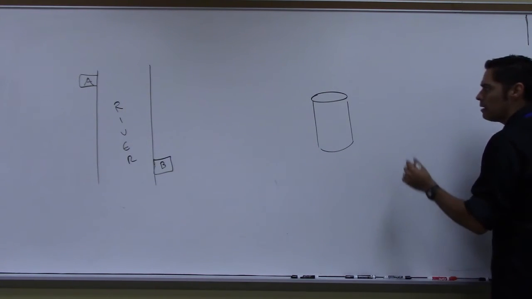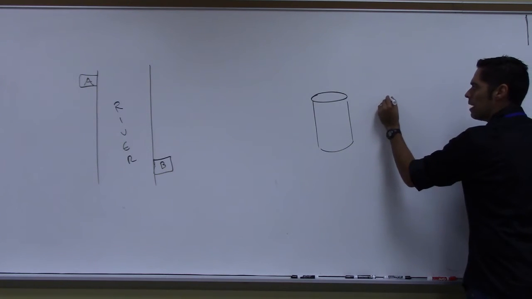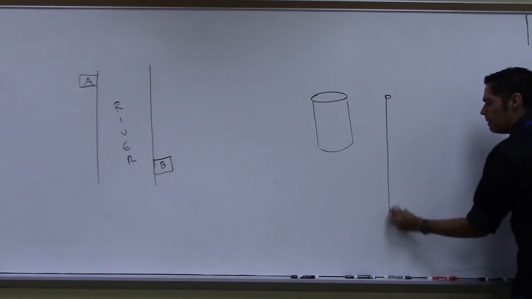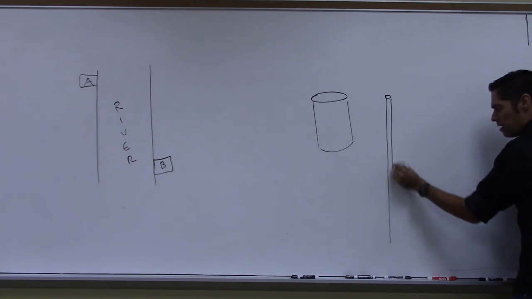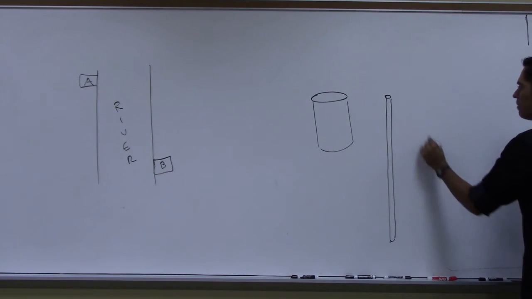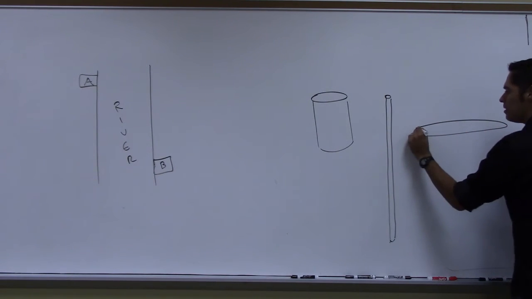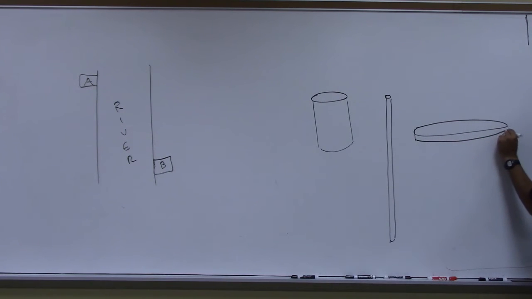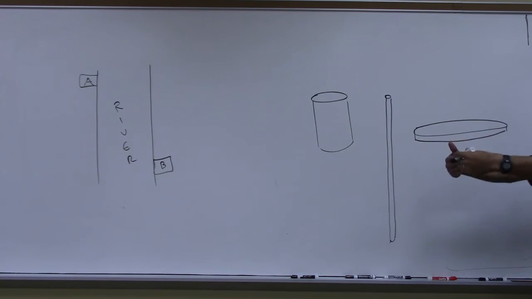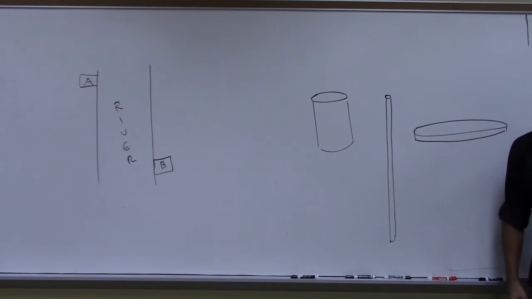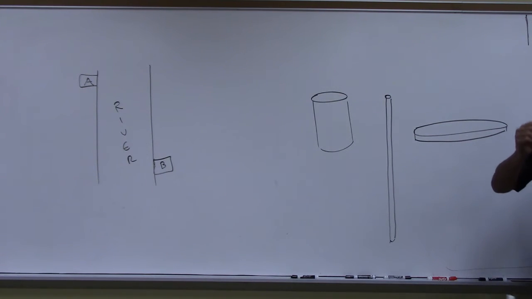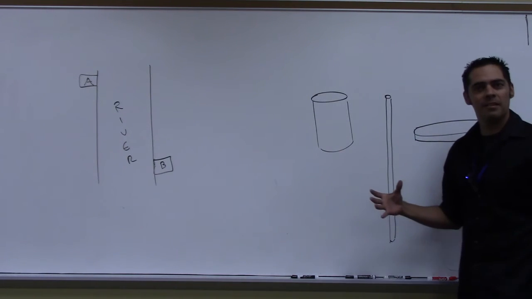Think about this. I could build a can that holds 12 ounces that's like this, right? Or I could build a can that holds 12 ounces that looks like this. Or you've got this big old flask thing, or you could have one that fits in your hand.